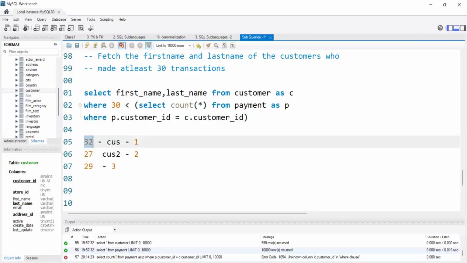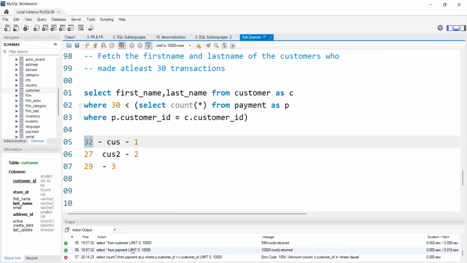That is the reason, as 30 is less than 32, the condition is satisfied. It will display the customer details of ID 1, because he made 32 transactions, right? Like this it will work whenever we are solving with correlated subqueries.